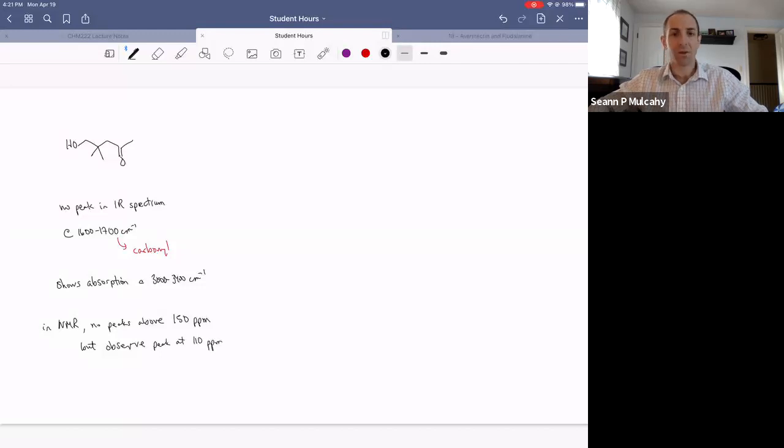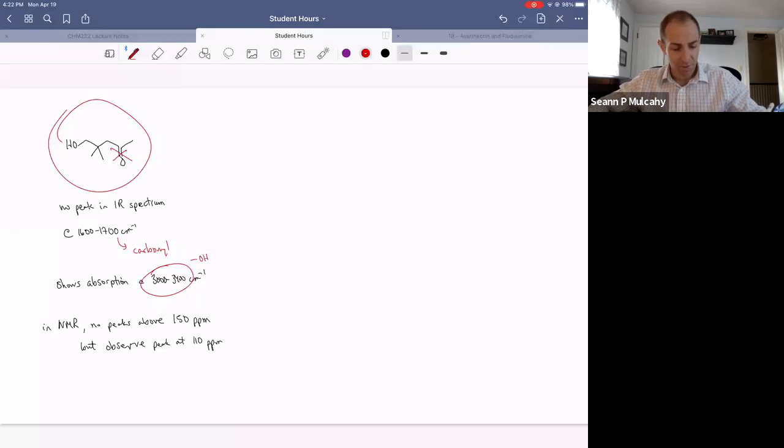So what I want you to do is to tell me why this is the case. Obviously, if you don't have a peak in the IR spectrum at 1600 to 1700, that means you don't have a carbonyl. But if you do have a peak at 3000 to 3400, that means you have some sort of OH.